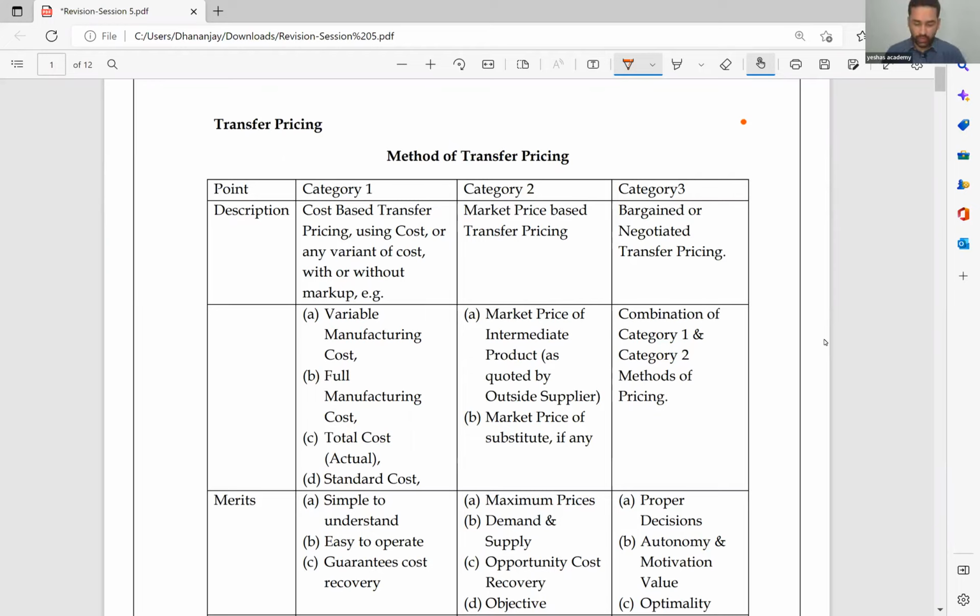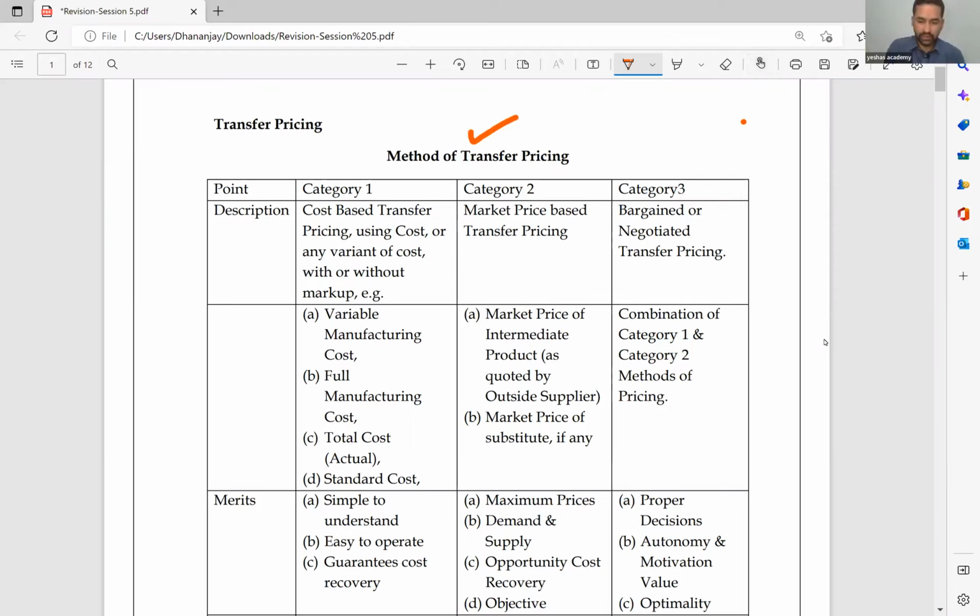Here, we are not fixing the selling price because there is no third party involved. It is within the organization. This chapter tells you the different methods, different techniques, different ways of fixing the transfer price. Transfer price is the price at which goods are transferred from one department to another department, transferring and receiving department.